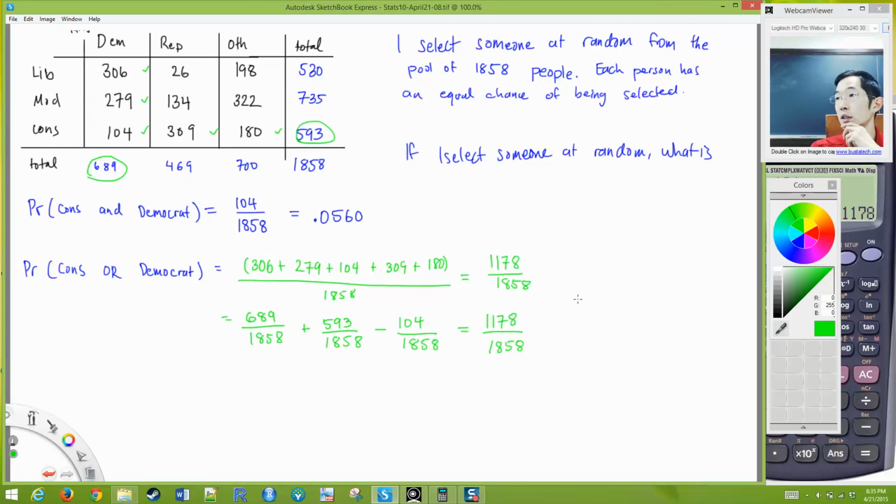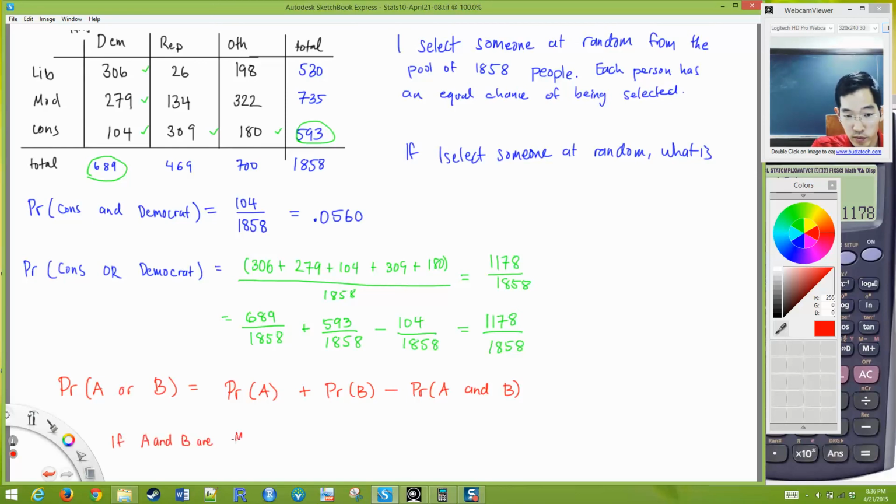Is that okay? All right, so when we have the probability of A or B, this is equal to the probability of A plus the probability of B minus the probability of A and B. And if A and B are mutually exclusive, then what is the probability of A and B?